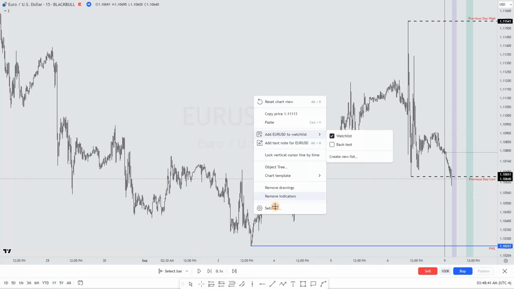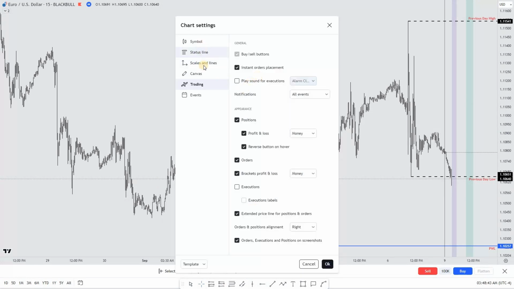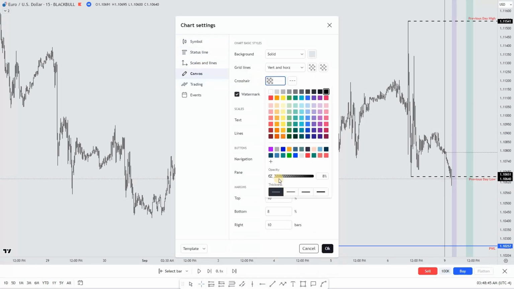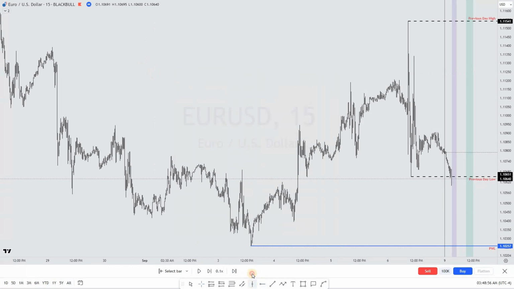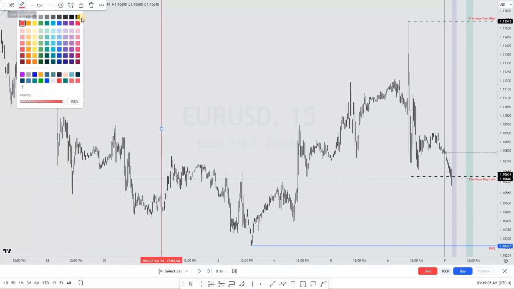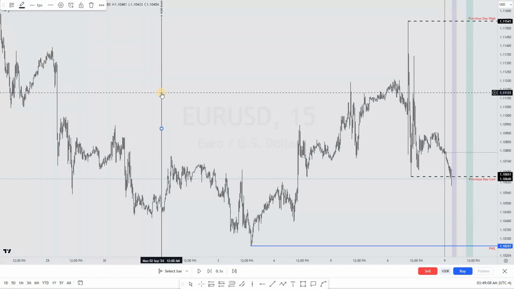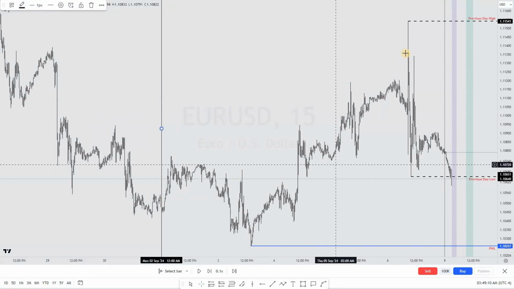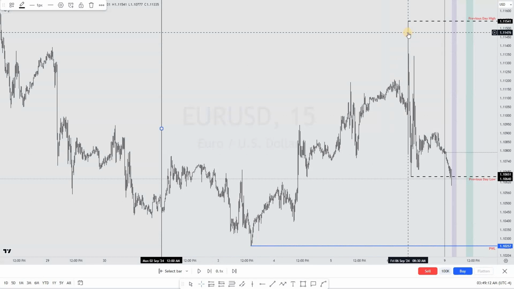Actually, let me increase this. Yeah, that's better. So this was Monday. So you had this previous week low here and the previous week high, which was set on Monday.